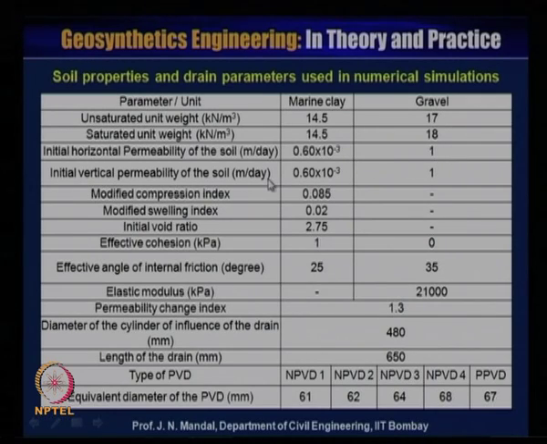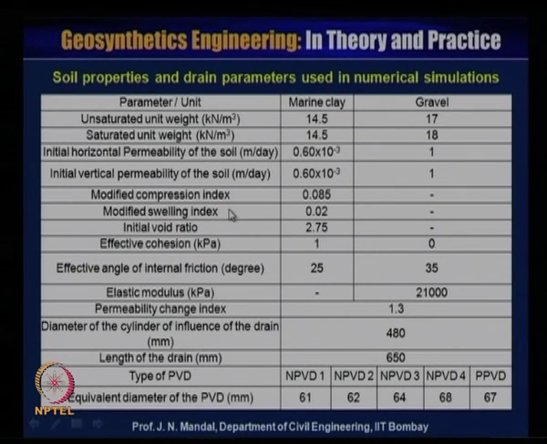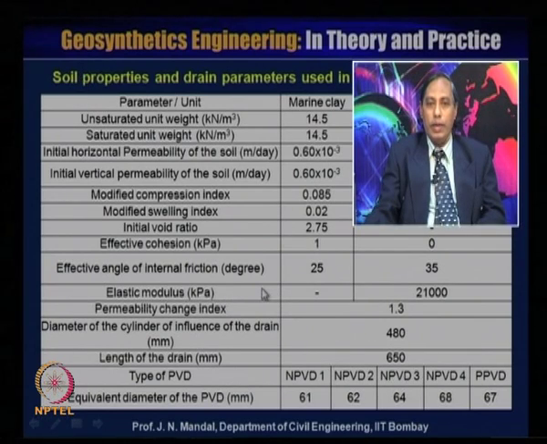Initial vertical permeability of soil in meter per day is 0.60 into 10 to the power minus 3, and for gravel 1. Modified compression index is 0.085, modified swelling index is 0.02, initial void ratio 2.75, effective cohesion is 1 kilopascal, and effective angle of internal friction is 25 degree, in case of gravel 35 degree.